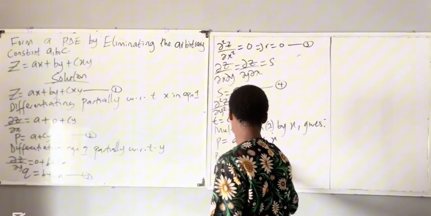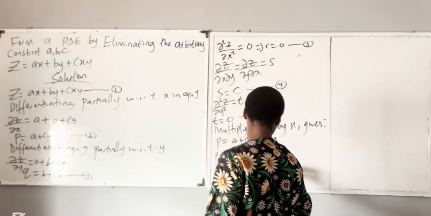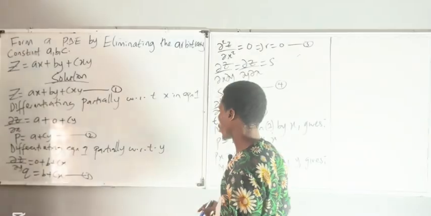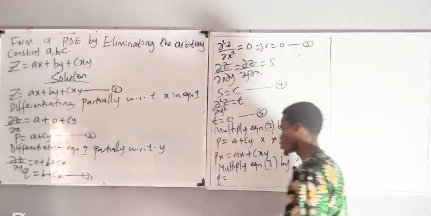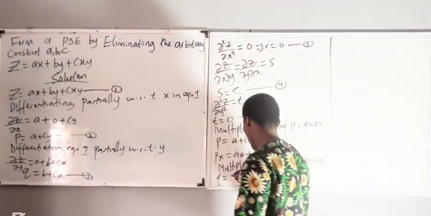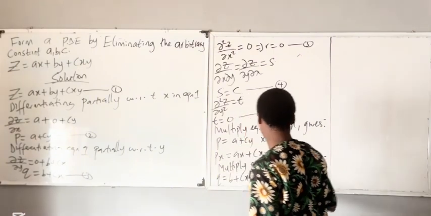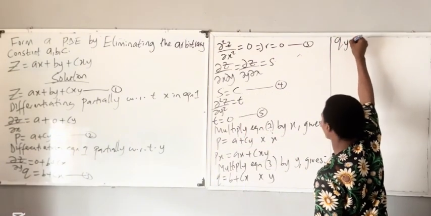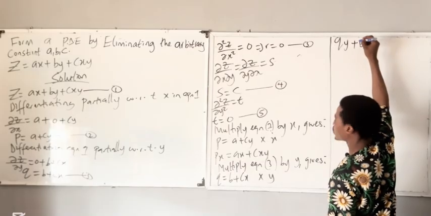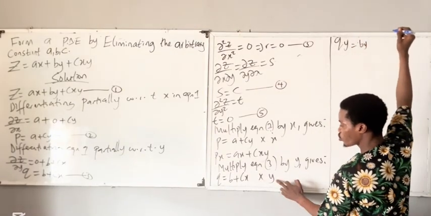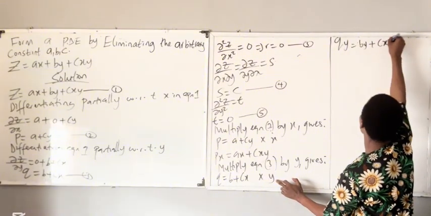Multiply equation 3 by y gives, what's our equation 3? Our equation 3 is q is equal to b plus cx, times y. So I'm going to have qy is equal to by plus cxy.